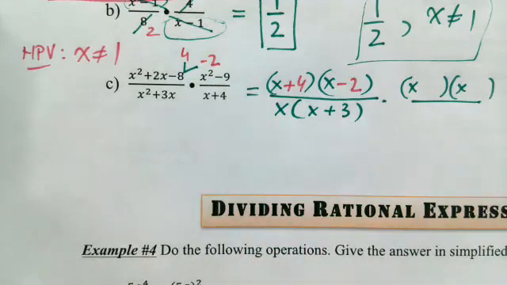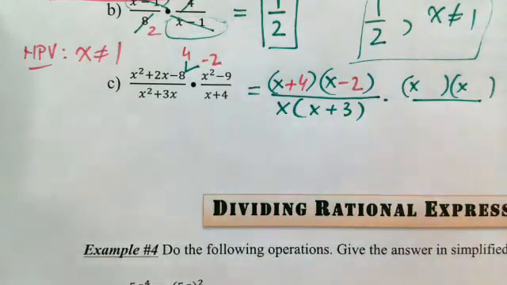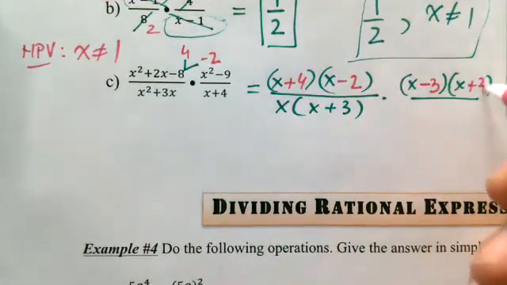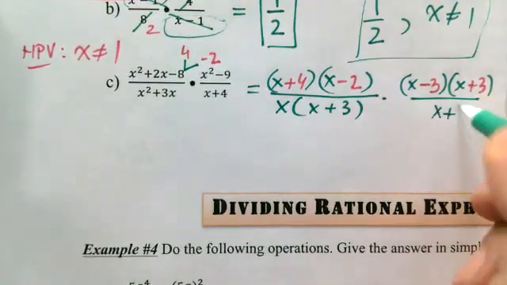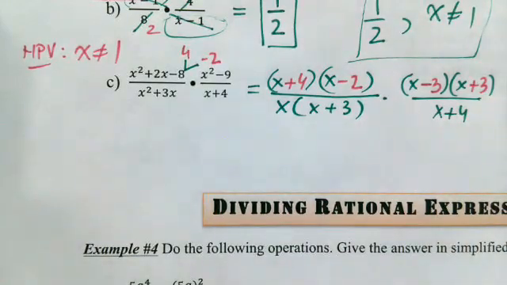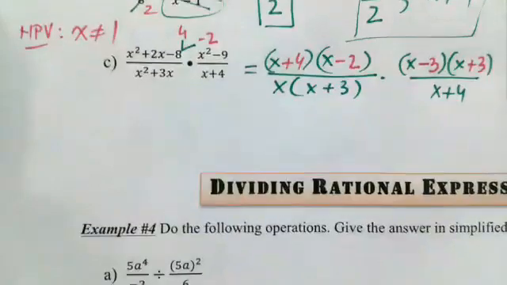So the factorized form would be x minus 3, x plus 3. And then x plus 4 cannot be factored further. It's a linear binomial, so that's all done.